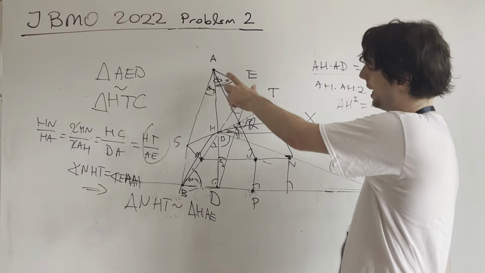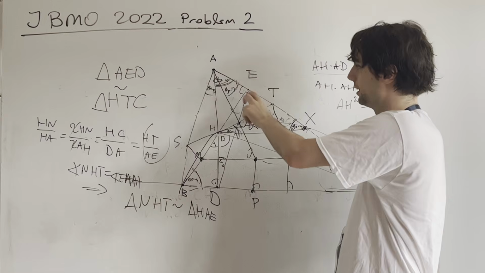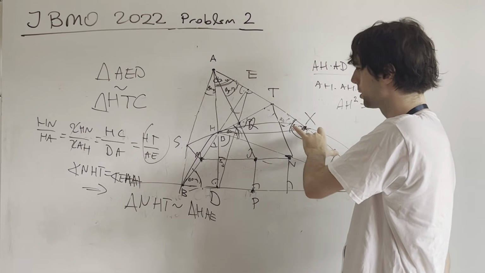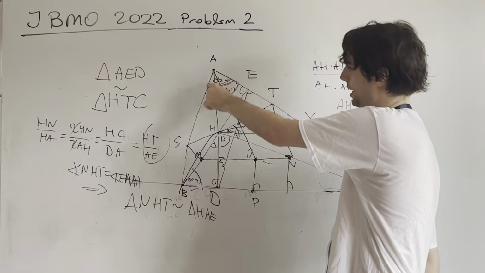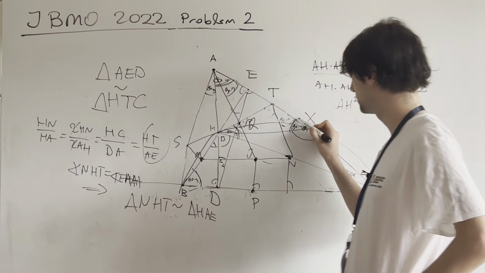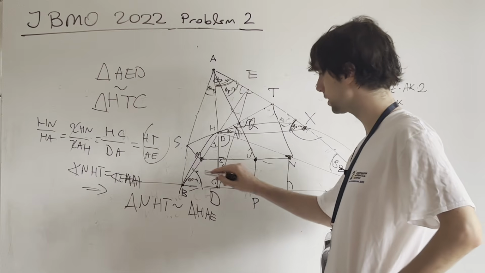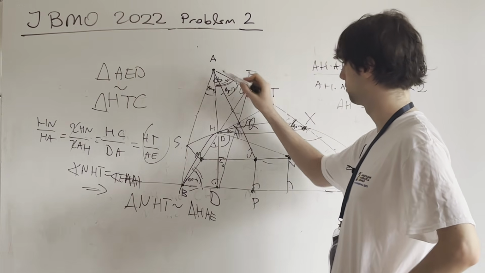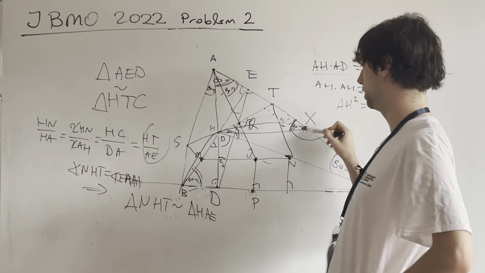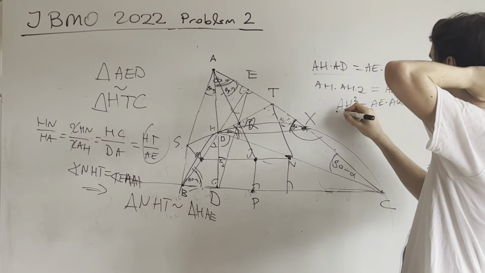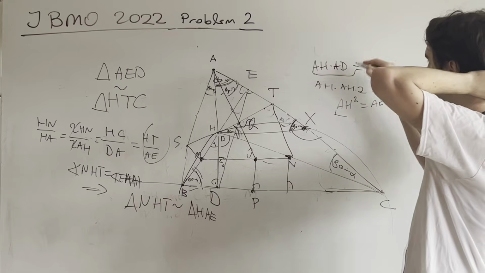Oh, well, maybe this AX I can then use because I have AE times AC. Now I can maybe get that AD. Actually, let me try to figure this out. So I have X, and this is 90 minus gamma, which is equal to this. So X is sort of the reflection of A with respect to E. So I have AH times AD.